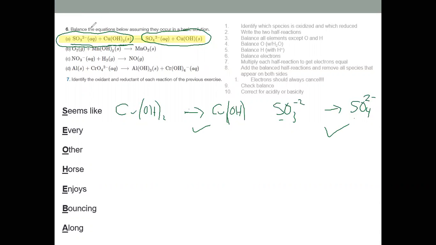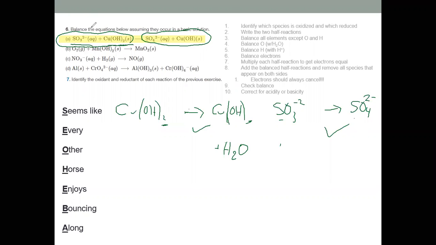We have to add water. Now, we notice we have 2 oxygens here and only 1 oxygen here. So let's add plus water. Let's add an H2O there, okay? Make sure that's right.